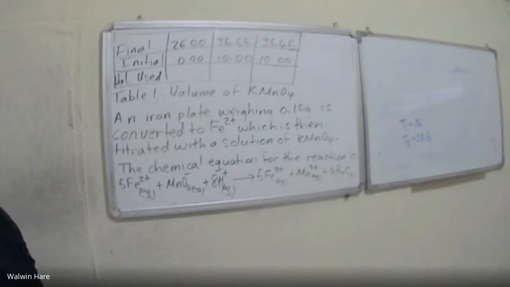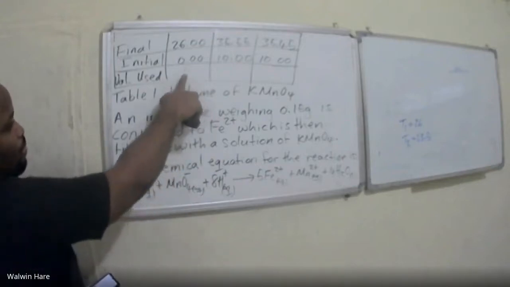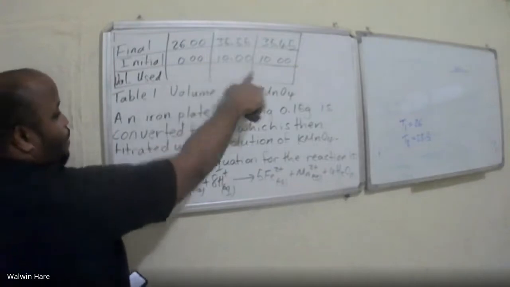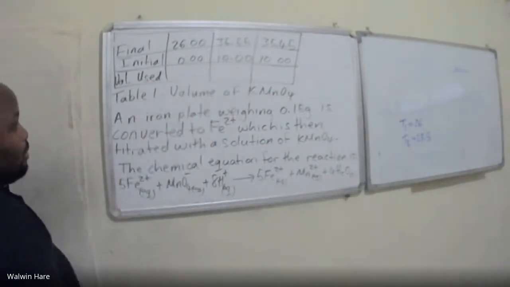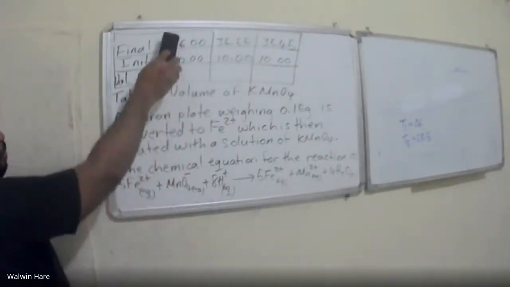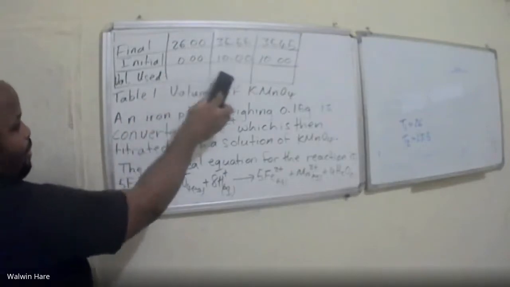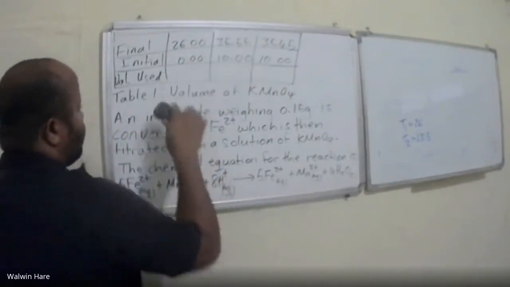Right, I'm going to erase the table now and put the rest. So as you know, you would have to complete the table, right? So remember, it's initial from the final to give you the volume used.